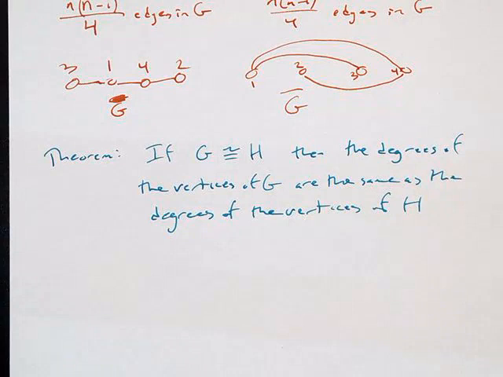That means every edge over here connected to this vertex U has to be an edge connected to this vertex phi of U. But that means the number of edges coming out here has to match the number coming out over here. That's the degree of this vertex. That's the definition. It preserves adjacency. It's got to preserve neighborhoods.